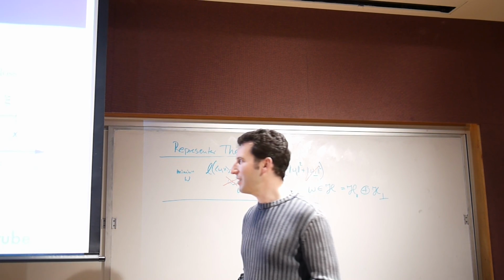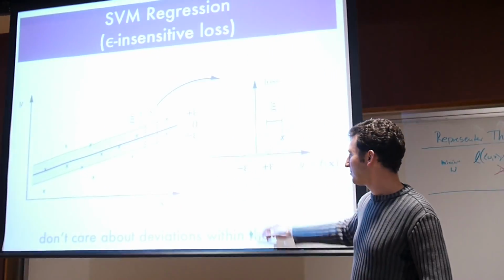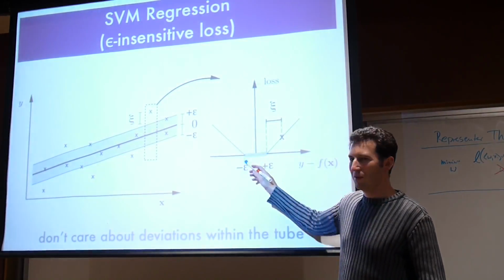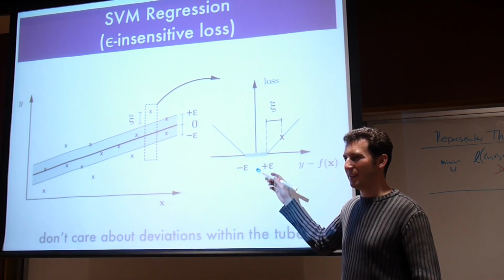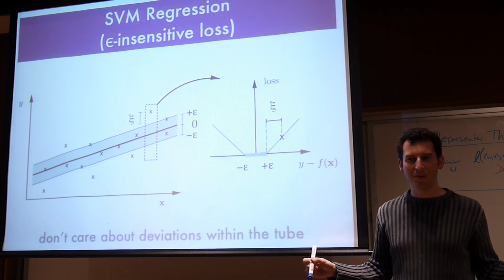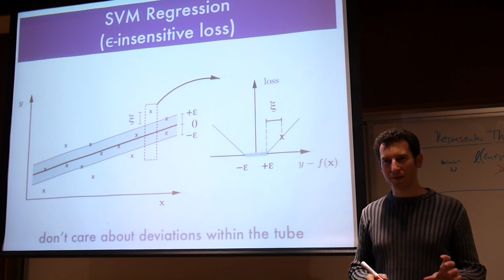Okay, so here's the epsilon sensitive loss that I showed you before. You might have something like that if, for instance, you have a manufacturing problem and you have certain tolerances.